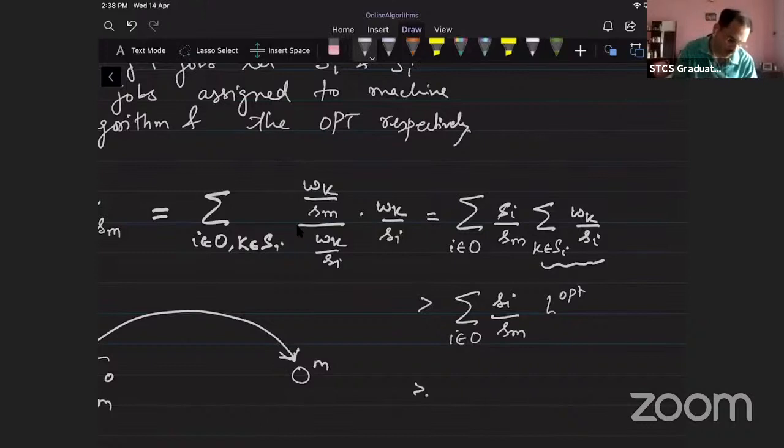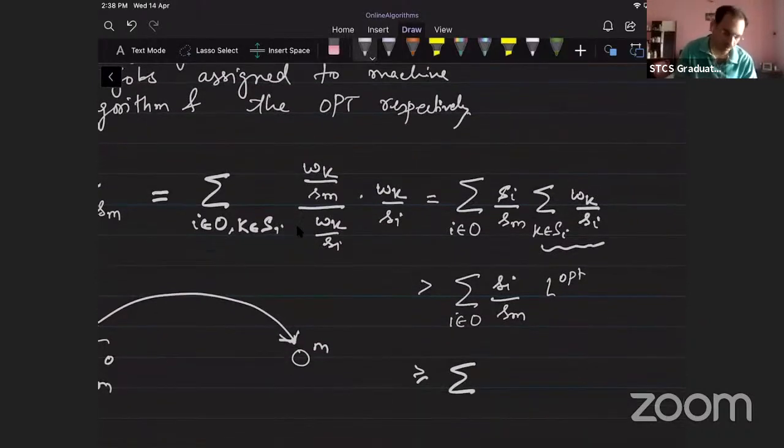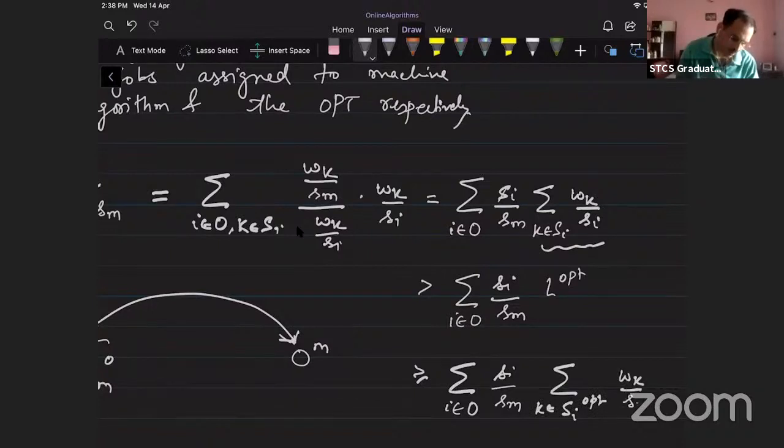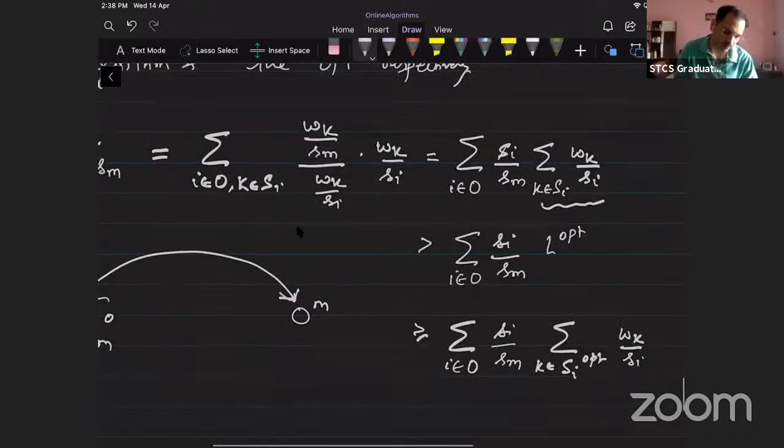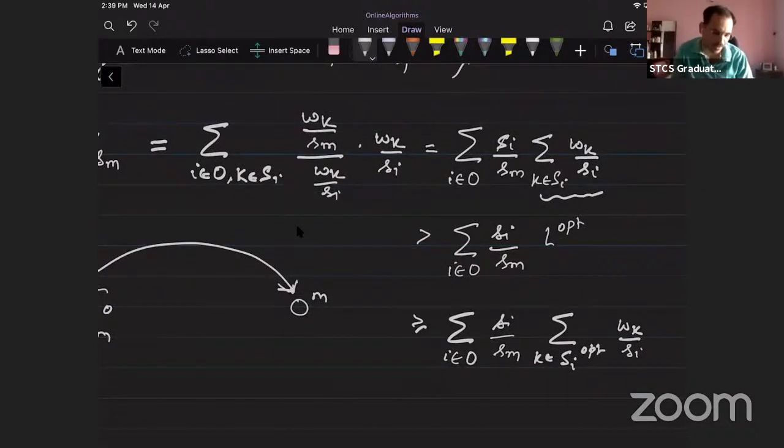Now look at this very carefully. The next step is also not that difficult, it's just that it's not obvious. Once I write it, it should be easy. Si by Sm. Now I'm going to look at the sum over k belongs to Si OPT, Wk by Si. Why is this true? Essentially, I'm saying that LOPT is at least greater than this quantity.